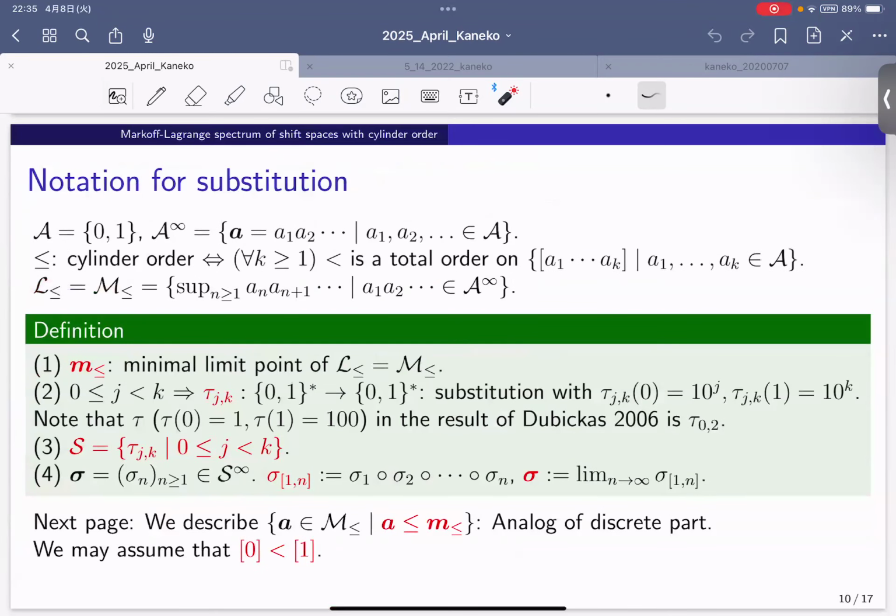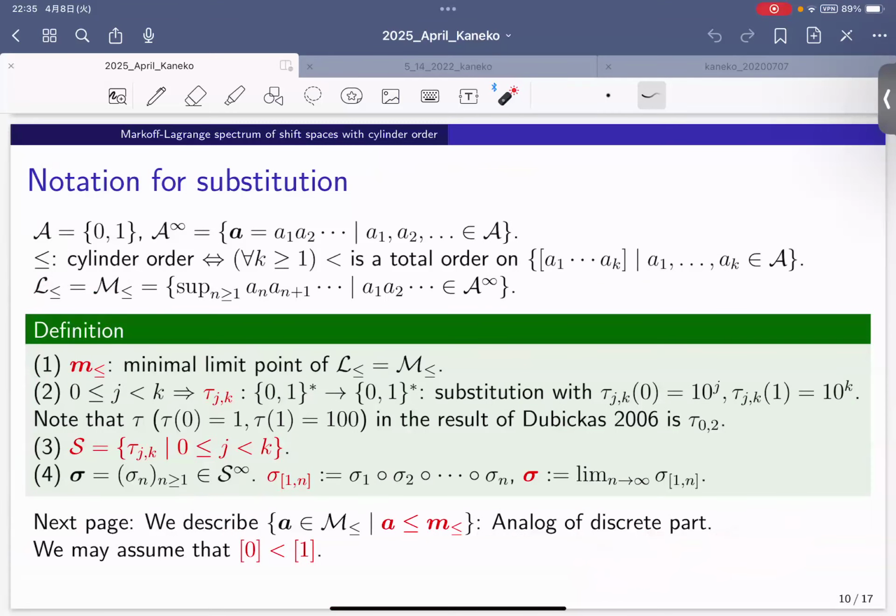Here, on the next page, we describe the discrete part in terms of this notation. For simplicity, we assume that the cylinder 0 is less than 1, because if 1 is less than 0, we can exchange 1 and 0.